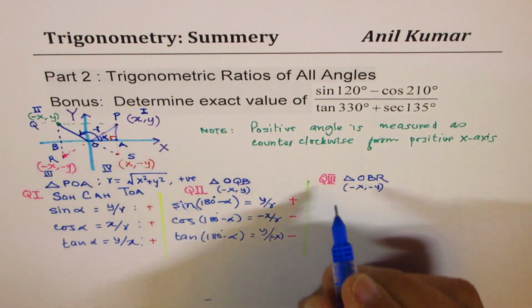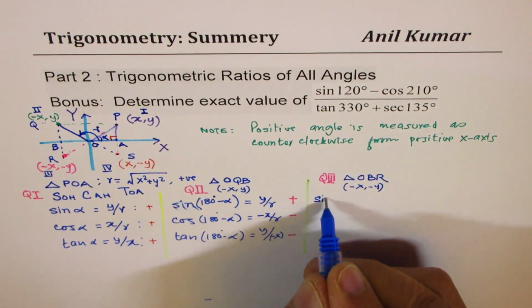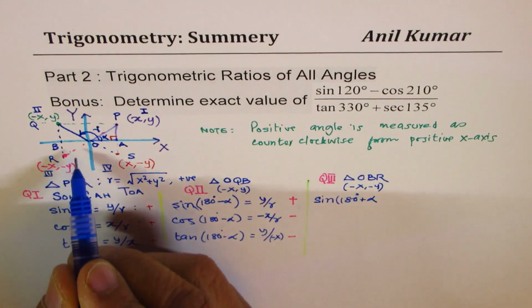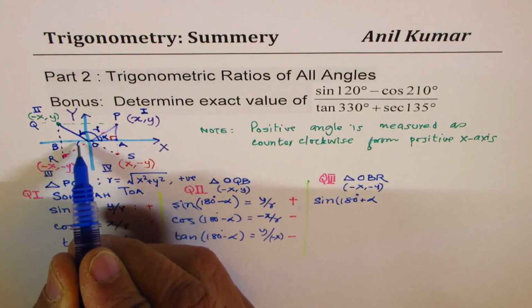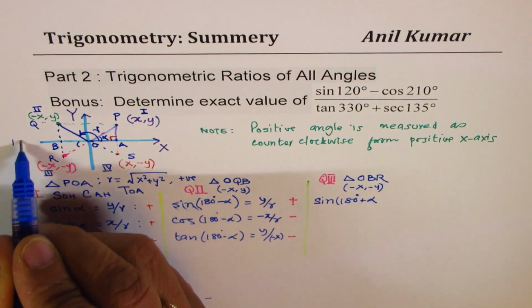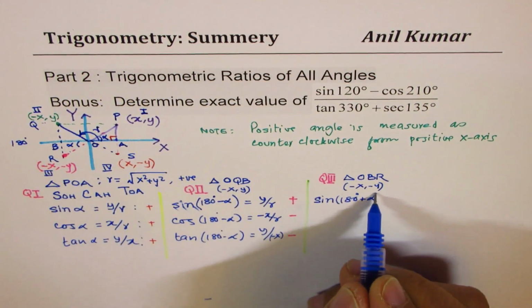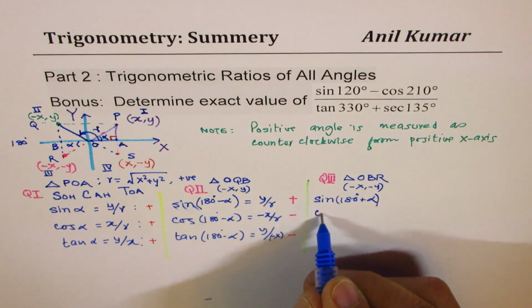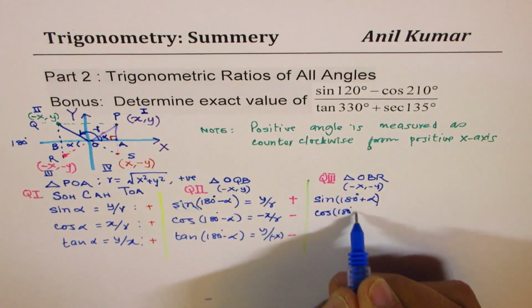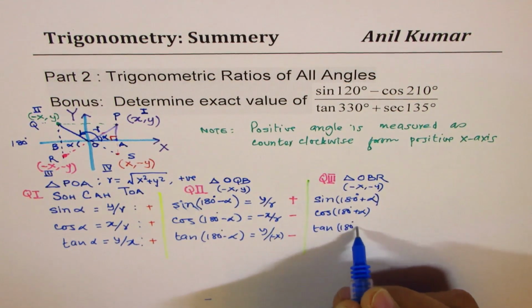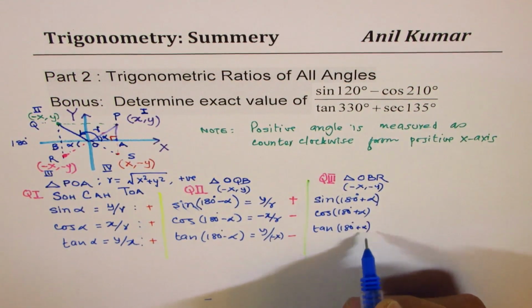The angle will be sine of 180 degrees plus alpha, correct? Since this is the vertically opposite angle alpha, it adds to 180 degrees. So up to here it is 180 degrees, then you add alpha. So it is 180 degrees plus alpha. And then we have cos of 180 degrees plus alpha, tan of 180 degrees plus alpha, right?